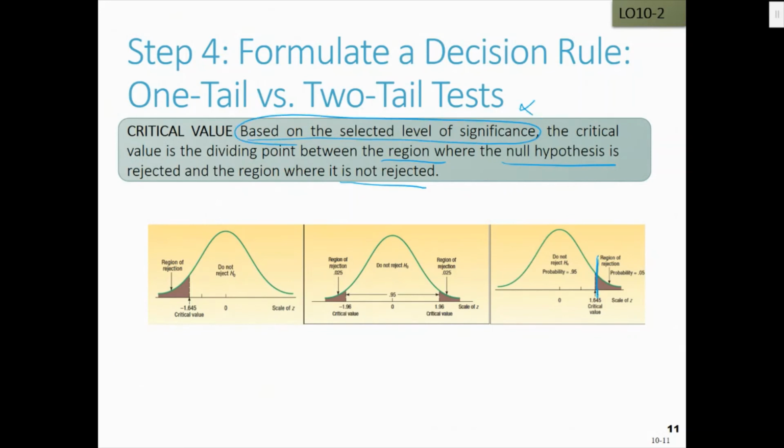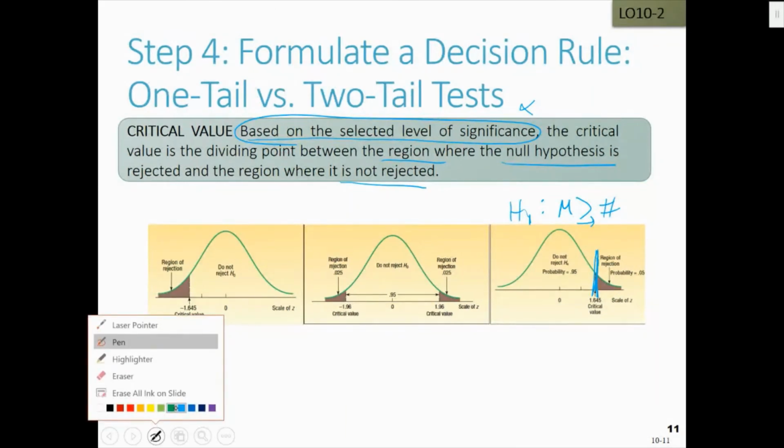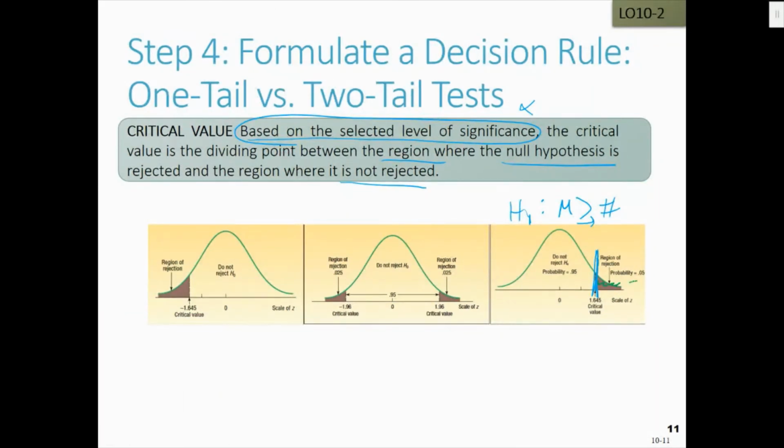When you only have one tail, when you're testing, for example, the upper side, this is when your H1 is testing for the mean or your standard deviation to be more than a particular number. Okay, as soon as you see more than, you're on the upper tail. And your full area of the tail depends on how big your alpha is.